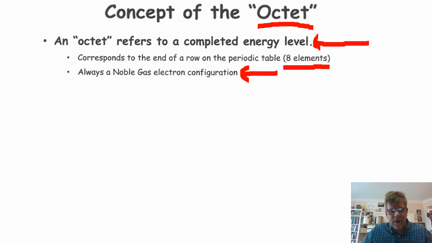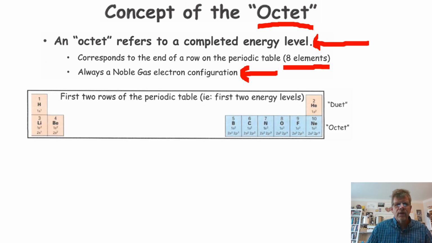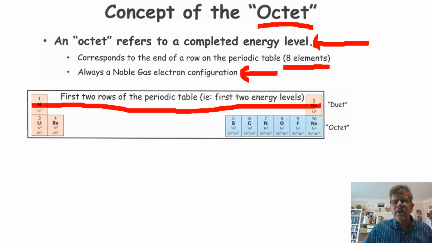That might seem obvious. Let's look at those two top rows on the periodic table again. I'm going to cleave up our periodic table just to look at that. The first two rows on the periodic table are the first two energy levels. Now, as we read across a row on a periodic table, as we get to the very end, that shuts off an energy level. That's the first energy level completed.